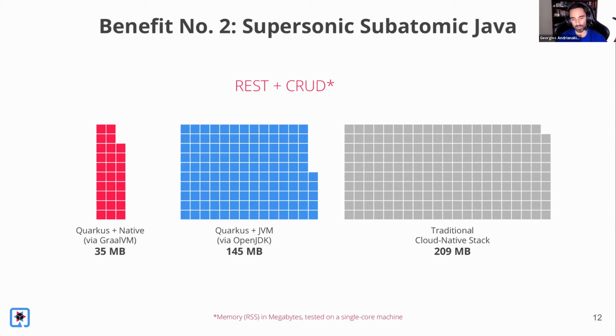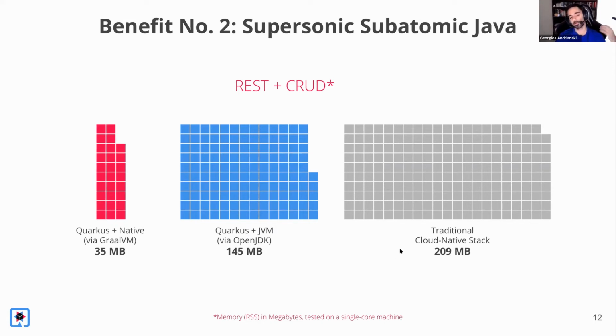In this example, Quarkus takes about 145 megabytes of RAM, again for Java 11 on a single core. And the more traditional, older framework that I'll leave unnamed here would take about 210 megabytes. So Quarkus uses roughly maybe 60% of what older frameworks would use.